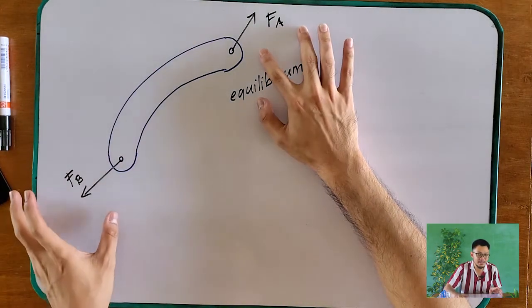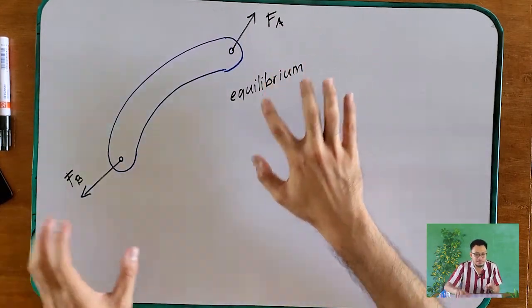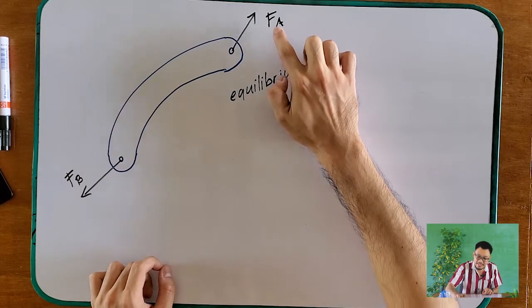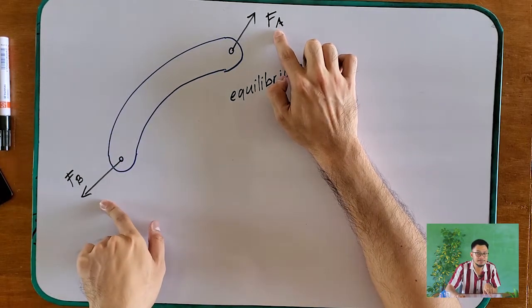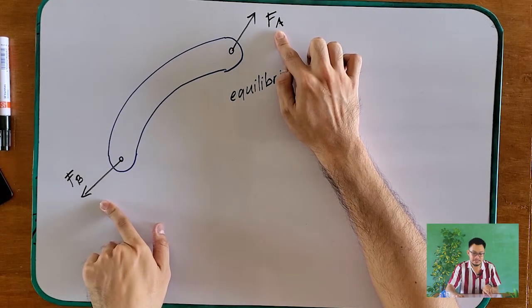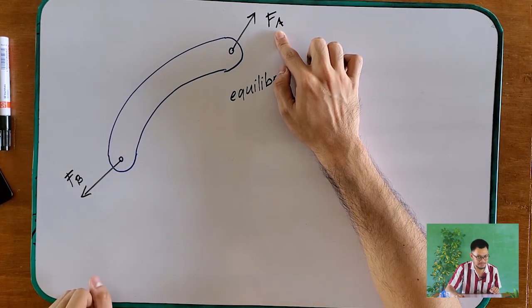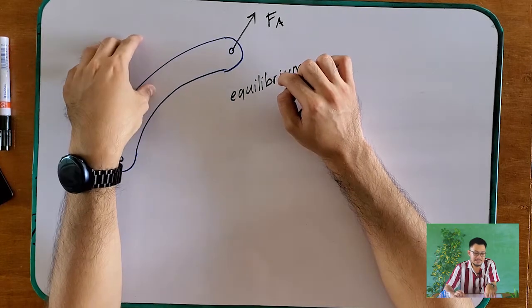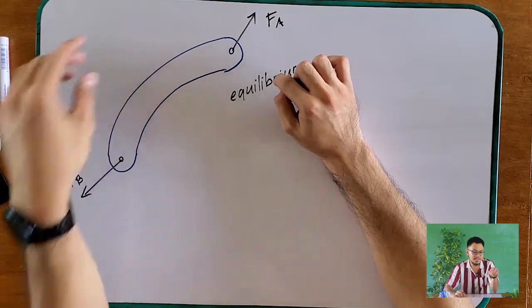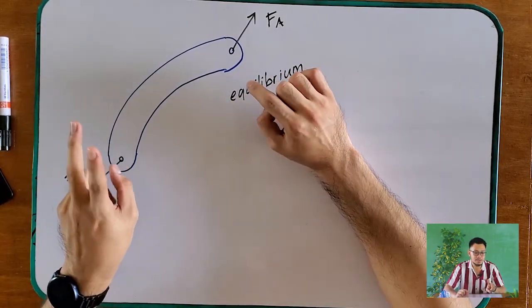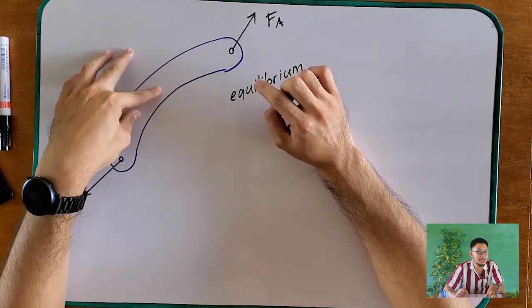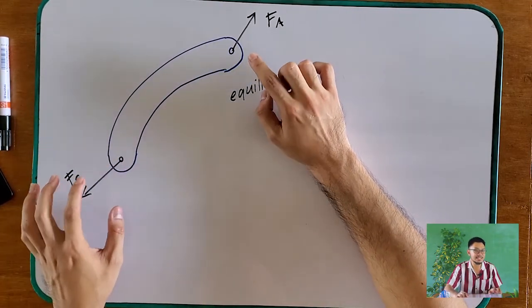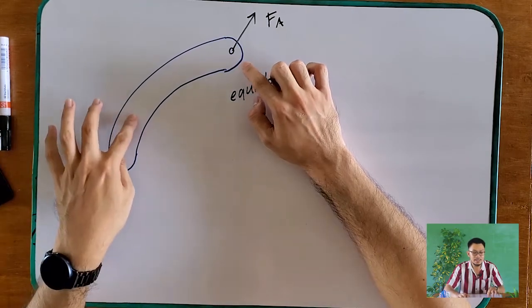Since there are only two forces, for it to be in equilibrium they must be equal in magnitude, and they are acting in opposite directions. Okay? Take note of that. If your member is in equilibrium, then the forces exerted on your member must be equal in magnitude but acting in the opposite direction.